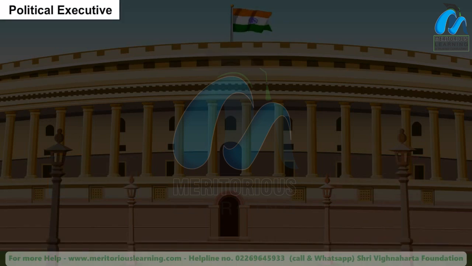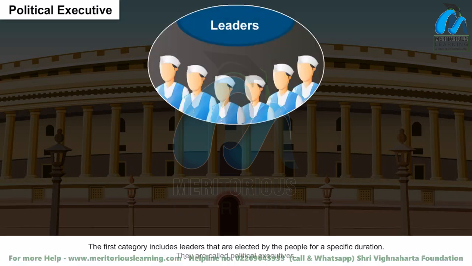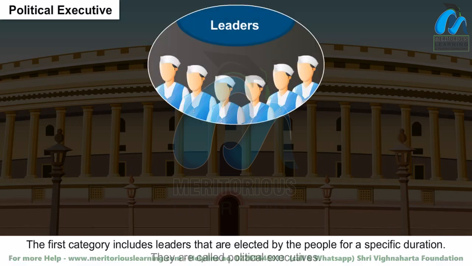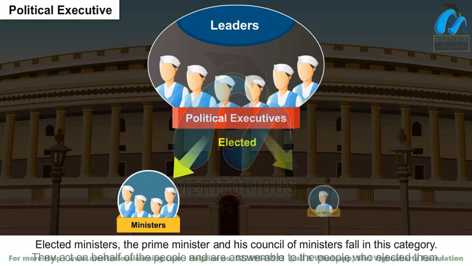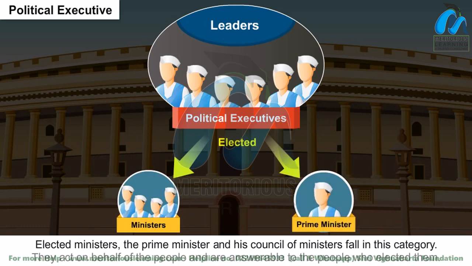Political executive. The first category includes leaders that are elected by the people for a specific duration. They are called political executives. Elected ministers, the Prime Minister and his Council of Ministers fall in this category.